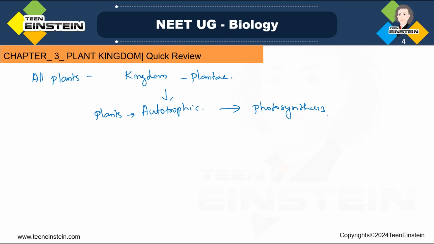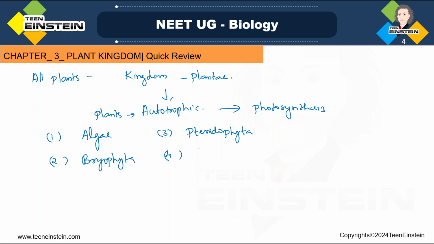Right? So which are the main plant groups coming under kingdom Plantae? Here you can see the main groups: algae, then bryophyta, third one is pteridophyta, fourth one is gymnosperm, and fifth one is angiosperm.